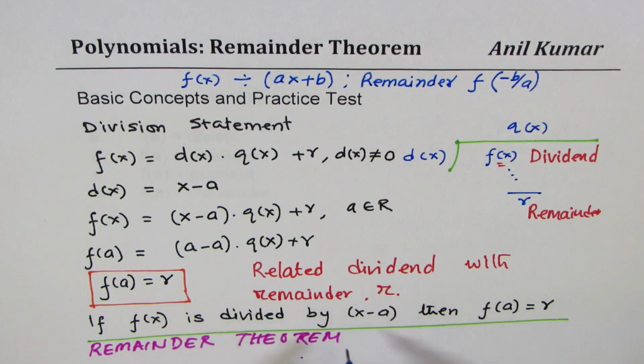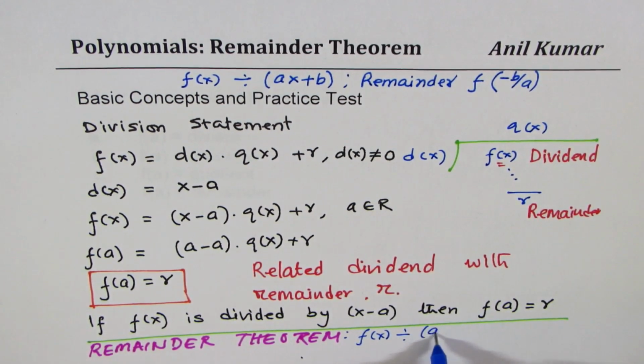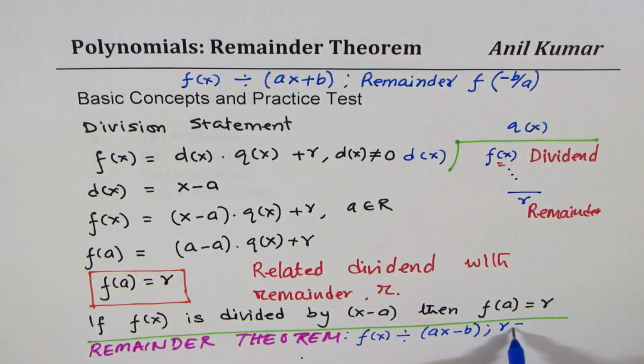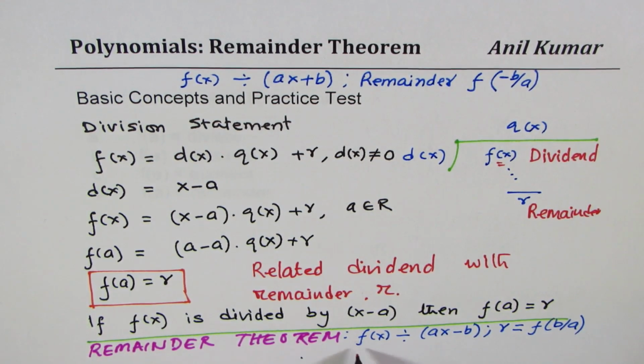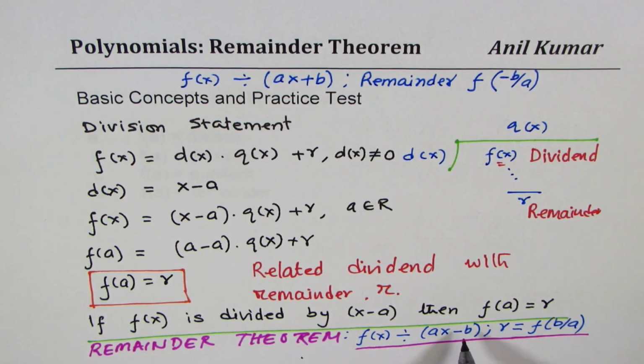So most of the time we write it like this: if f of x is divided by ax minus b, then the remainder r equals f of b divided by a. Either way, I've given you these two ways of writing the same thing. The reason being that in some books we write plus, but in some books we write minus. But the idea is whatever makes this term 0, that is the value we are looking for.